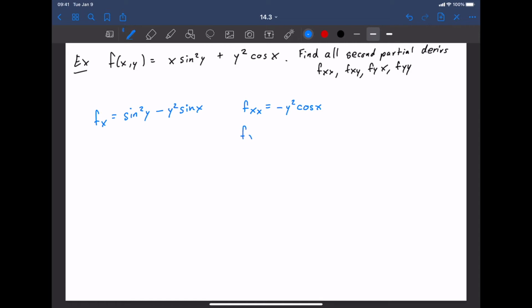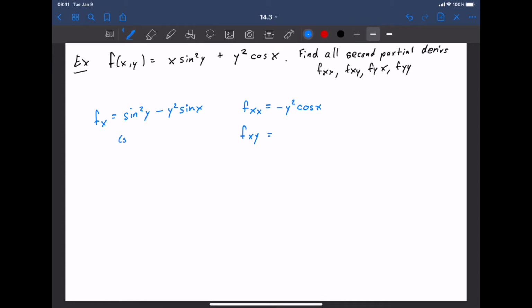Then I'll do fxy. Again, the notation can be confusing. This notation says, hey, you're starting from fx, and now you're adding a y on it. So we're taking this guy's derivative with respect to y. Be careful about something like this. I know a lot of students struggle with this.